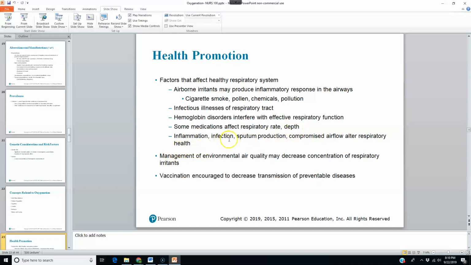And of course, inflammation, infection, sputum production, and compromised airflow alter respiratory health. Management of environmental air quality may decrease concentration of respiratory irritants. This is why we encourage anyone over 65 years of age and anyone who has a chronic illness to receive vaccines that help decrease the transmission of preventable diseases such as pneumonia.